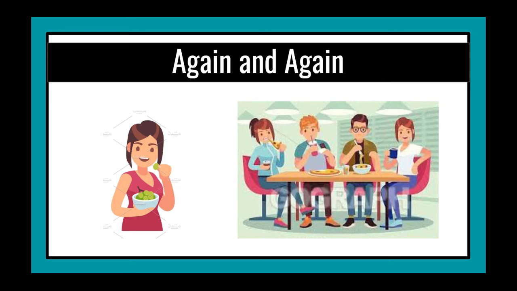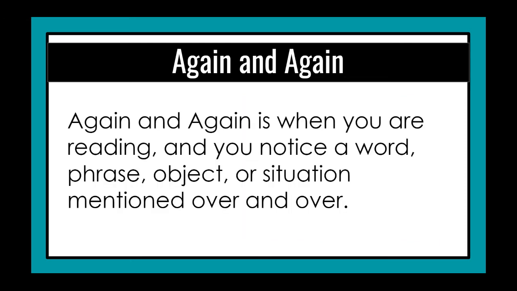So from the example I just gave, it's not possible to know the exact reason, but it is important to notice the repetition. So very simply, the again and again signpost is when you are reading and you notice a word or a phrase or an object or a situation mentioned over and over again.